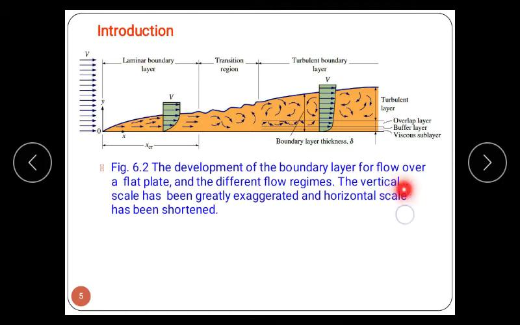The vertical scale has been greatly exaggerated, and the horizontal scale has been shortened.